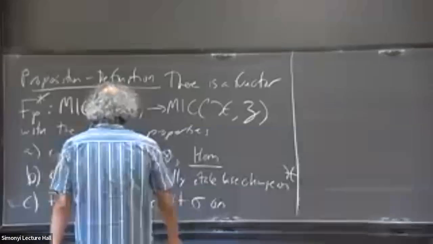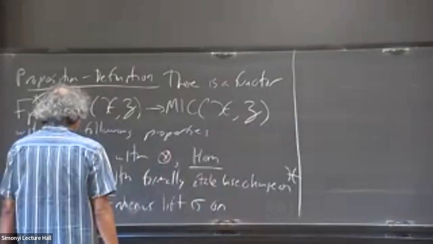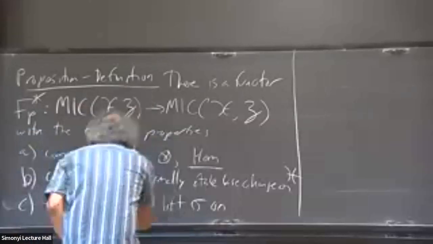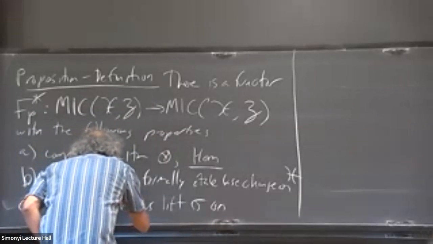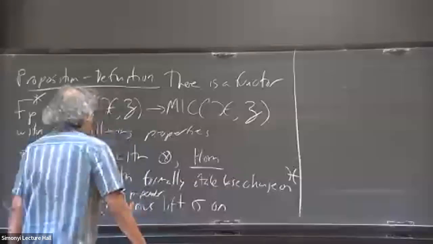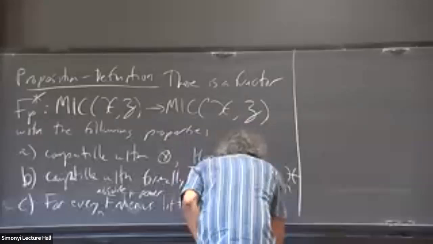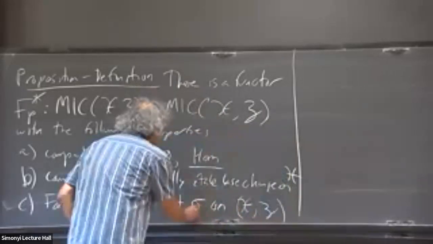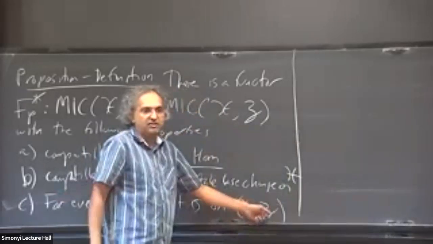Let's say, well, I should say what a Frobenius lift is. Let's say an absolute p-power Frobenius lift. So I'm going to say sigma is a Frobenius lift on X, which also carries Z into itself.